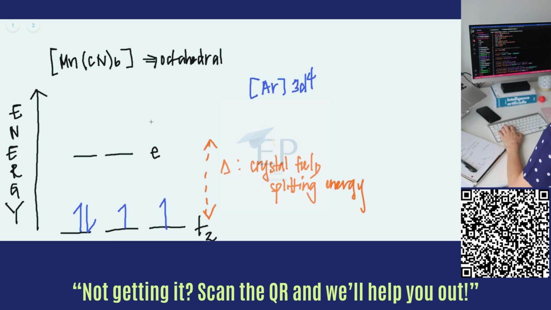Which way is correct? This is done according to what type of complex you have. We have been told that this is a low spin complex. What does that mean? It means then that there are few unpaired electrons, okay? And secondly, that the crystal field splitting energy, delta, is greater than the spin pairing energy.